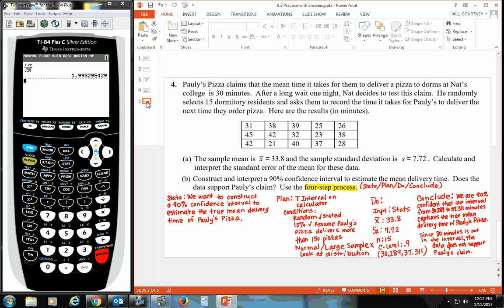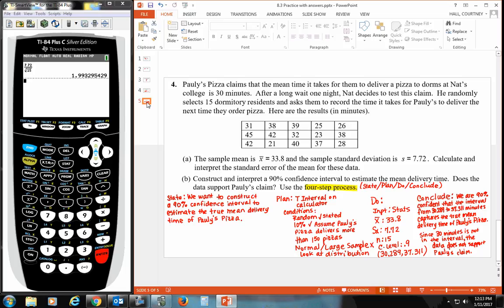So the way I kind of fixed it up for you on the chapter 8 test is on the answer key, the free response questions that I want you to do the state, plan, do, conclude on, the 4-step process, I actually typed in state, plan, do, conclude on the actual answer sheet. So you won't forget to do it. The only part I'm worried about you guys forgetting is on plan, make sure you do the conditions. List those 3 conditions that you have to meet, because I don't put conditions on there.